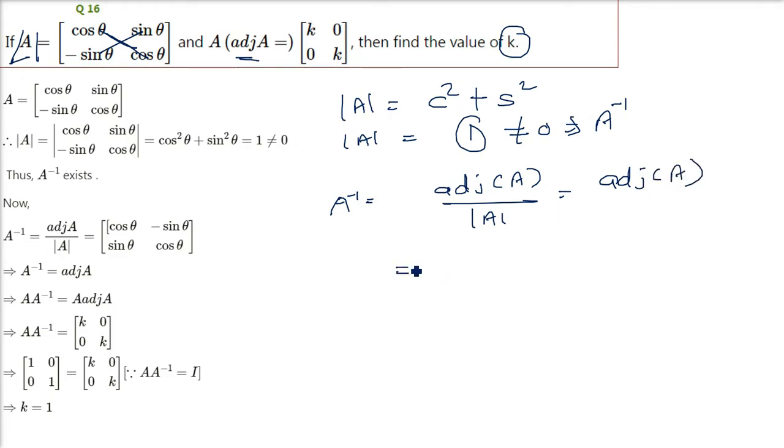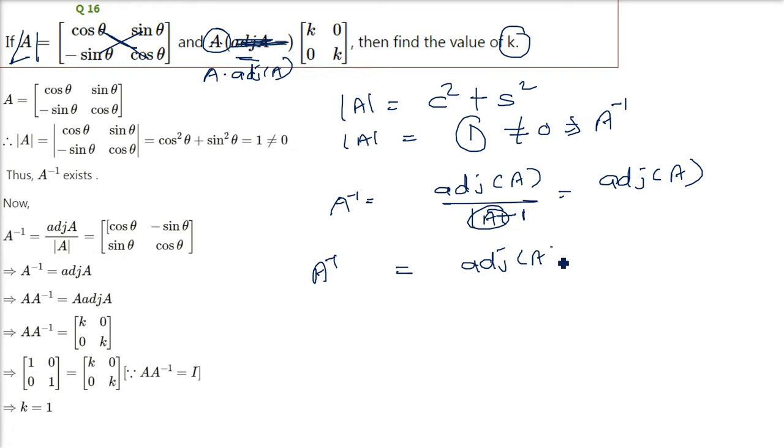Now, as I said, we need to find A into adjoint A. For that we will multiply both sides by A. Determinant of A is 1, so that won't affect. So A into adjoint A, let me write it here. We need to multiply A on both sides just to get what is required on the right hand side.